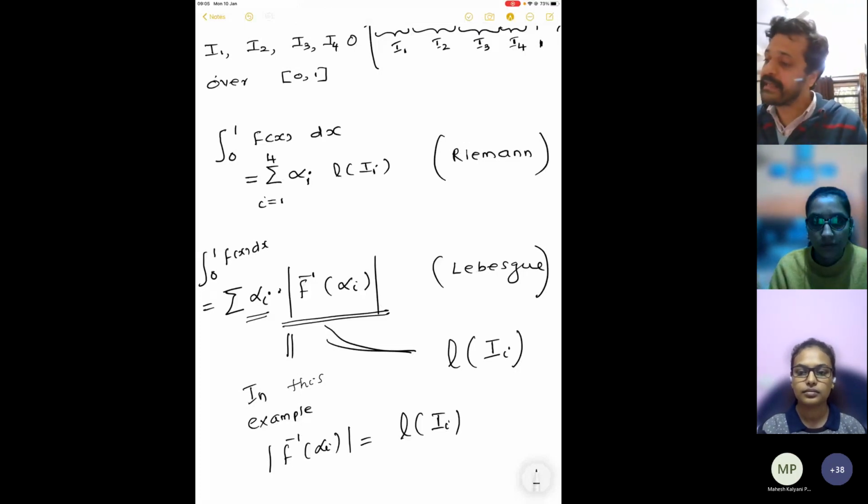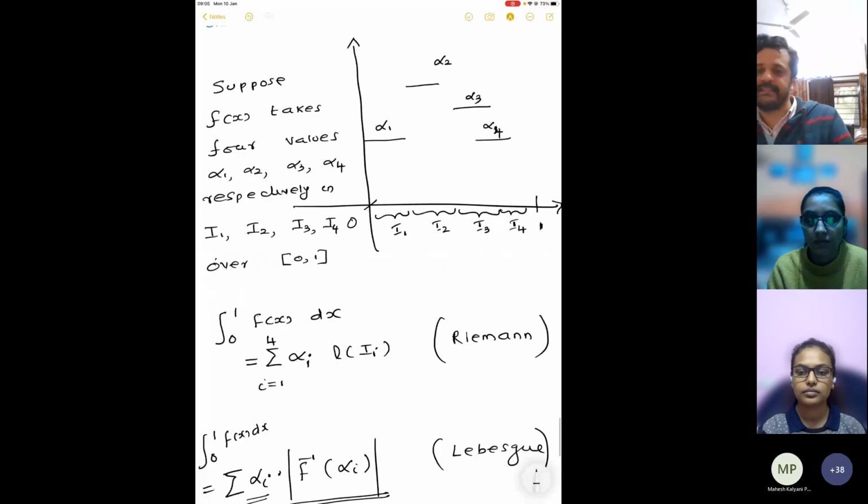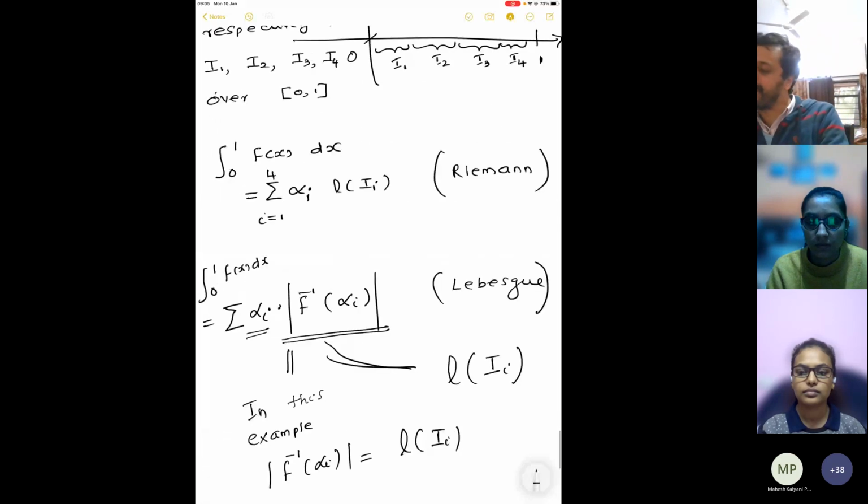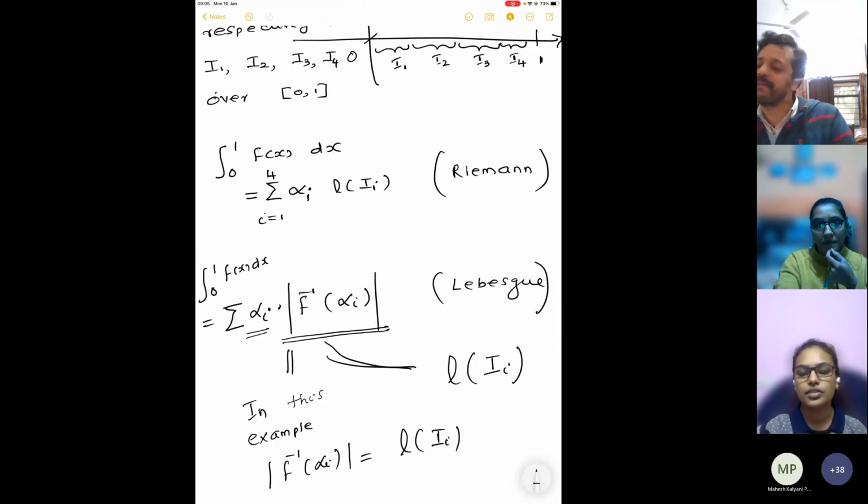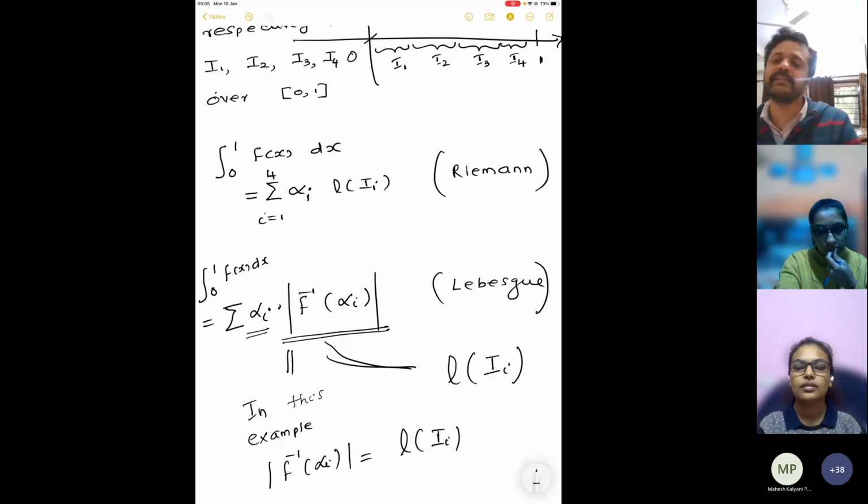And further, suppose it is like this, then the Lebesgue integration will coincide with Riemann integration, because the size of f inverse of alpha i will coincide with the length of the interval. So it is not just that he is defining something. Whatever Riemann can do, I can also do, and I will get the same value, right?